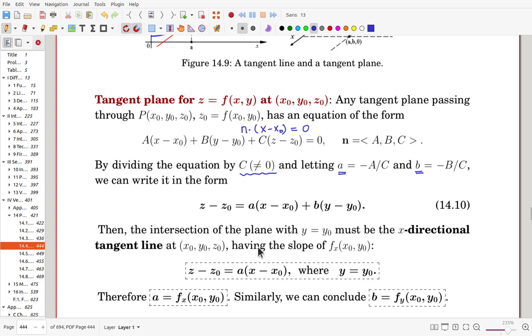Similarly, by taking x equal to x0, we have this equal to that. That is now the y directional tangent line. So b must be the y directional slope, which is f sub y at the point.